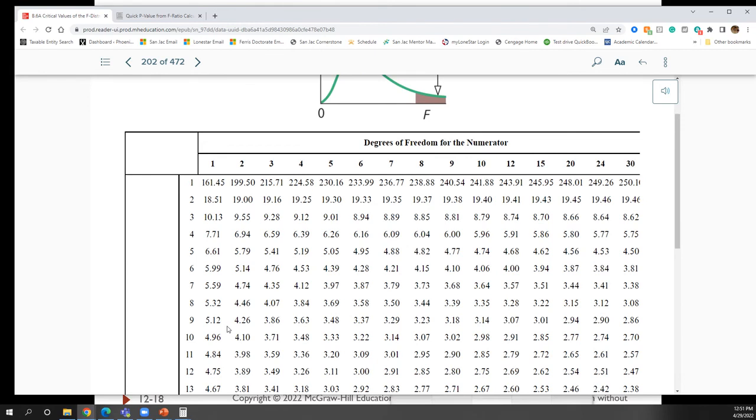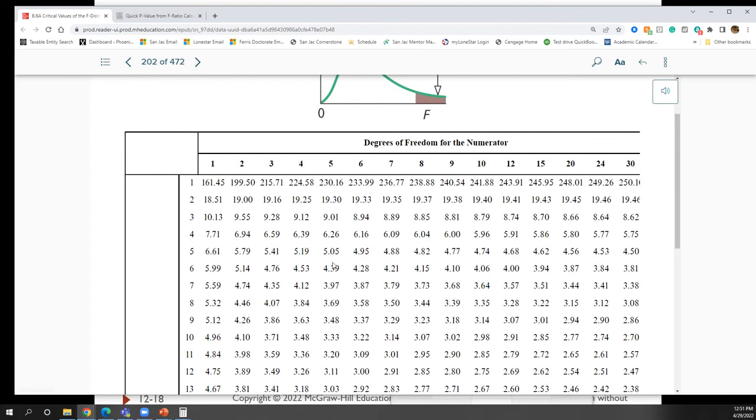So for this one, we are not looking at dividing the 0.05, mostly because we're just dealing with more than 2, it seems like.